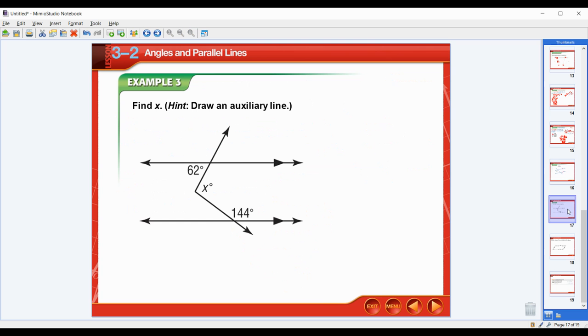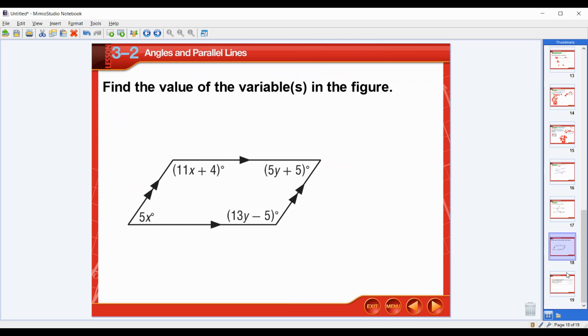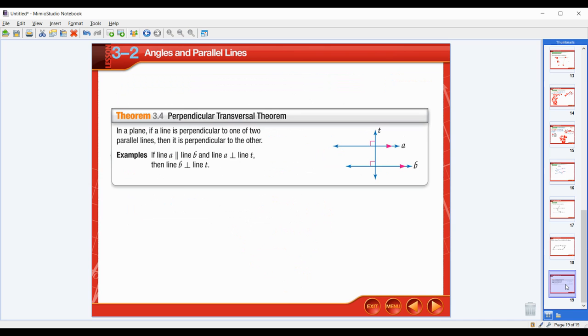So let's skip past this, skip past this, skip past this. Last thing I want you to look at here, there's no questions over this, but just so you guys have an idea, this is the perpendicular transversal theorem.